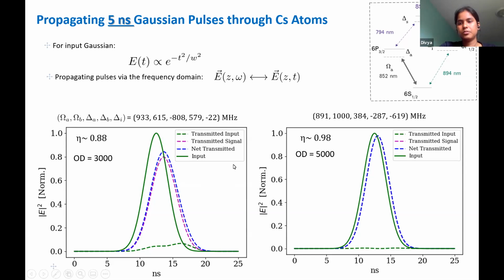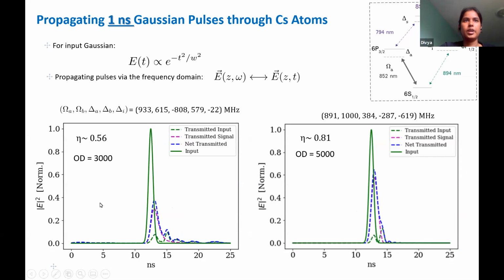Now we switch from 5 nanosecond to 1 nanosecond. With the same optical depth of 3000, the efficiency drops because we are broadening the pulses at 1 nanosecond. So we search with 5000 and the efficiency is 80%.